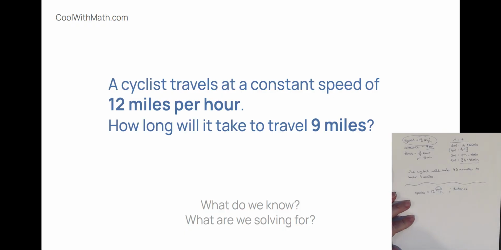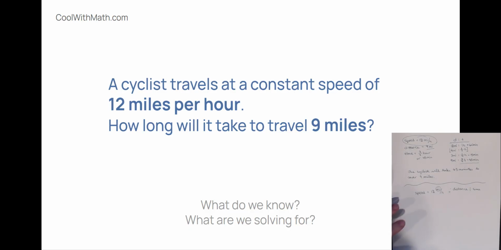The per, that slash, is a division, and then hour is a unit for time. And look what we have here. Speed equals distance over time, distance divided by time. So we have the formula without actually memorizing a formula and just using the information given to us, because they told us the speed. We were able to get the formula straight from that.